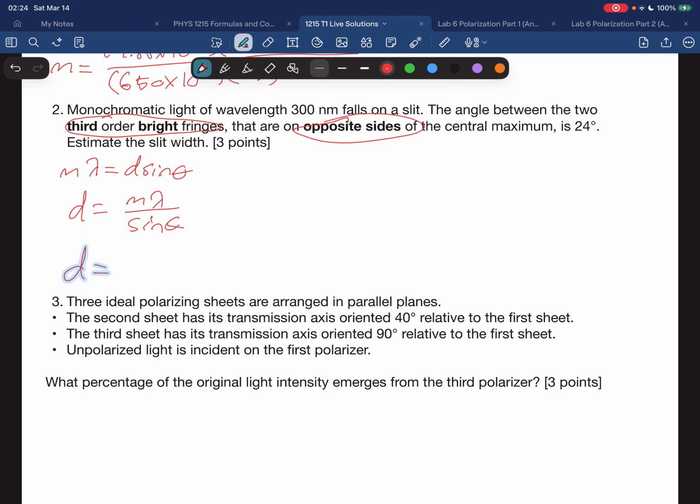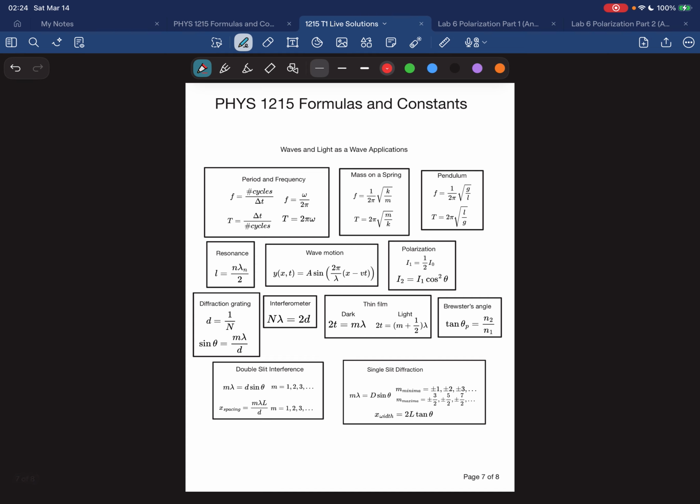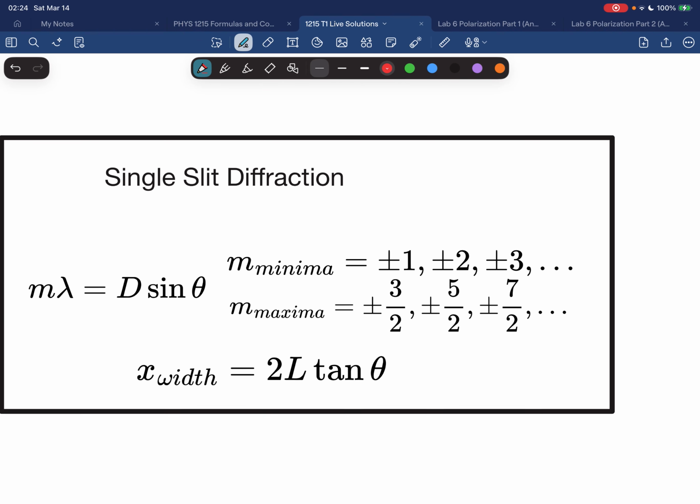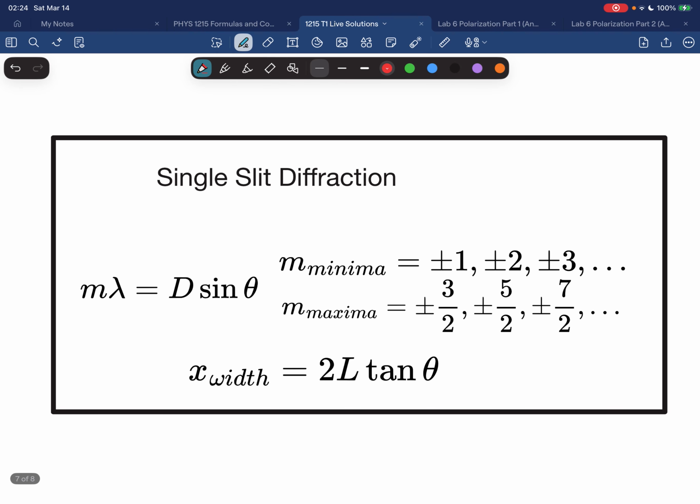So let's go take a quick look at our formula sheet here. Now, this is the old one, the messy formula sheet. There is a nicer version out there now. But you will want to identify this formula here, the same formula we've used. And as you can see, we have two different possible lists for m, for minima and maxima.